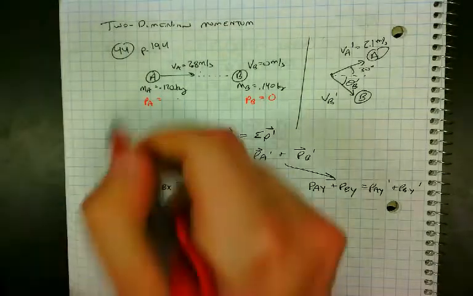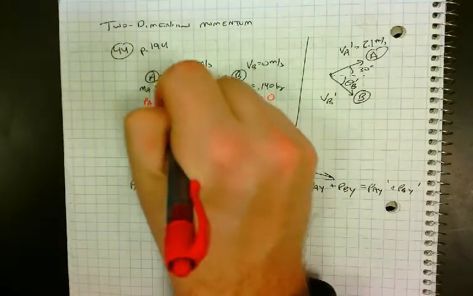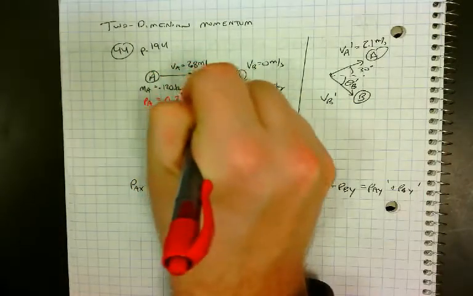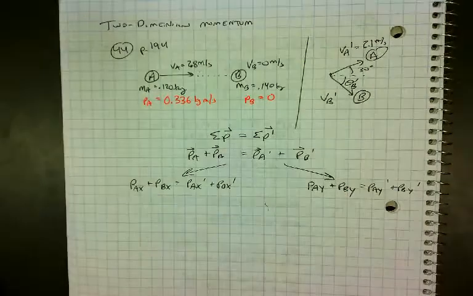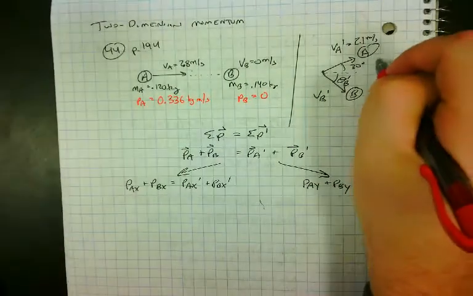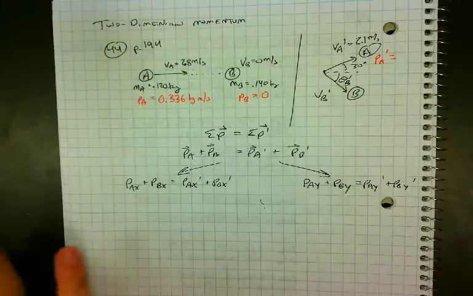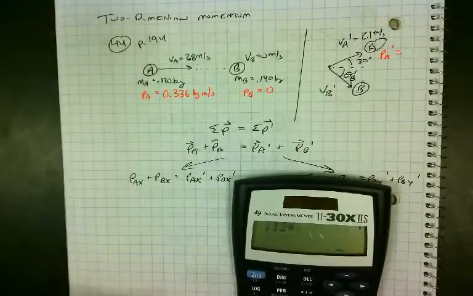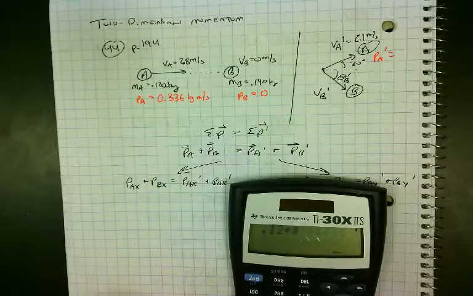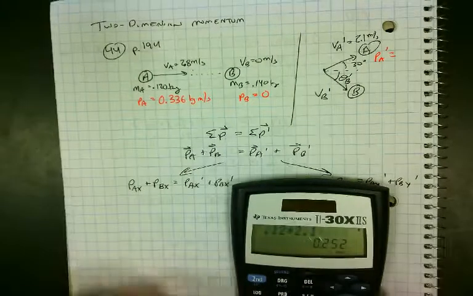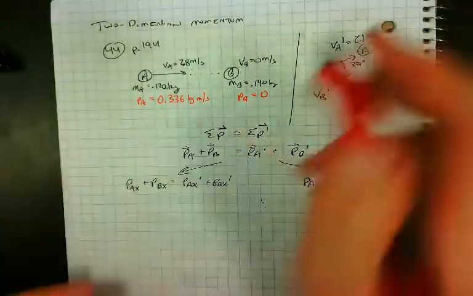If I do 0.120 times 2.8, I'm getting 0.336 kilogram meter per second. And let's look at PA prime. It would be the mass of A times the velocity of A prime, so 0.252.